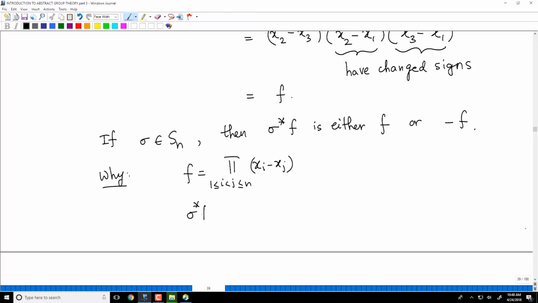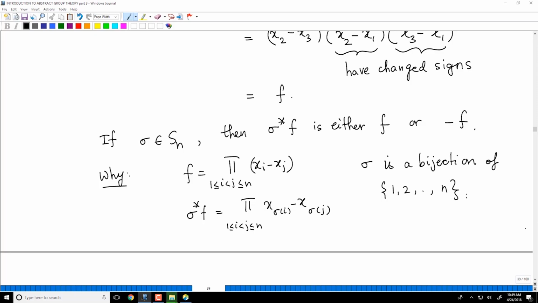And sigma star f is the product of x sigma i minus x sigma j over the same i and j. So if you think about it, because sigma is a permutation, sigma is a bijection, right? Remember, the symmetric group is the set of bijections of this set.